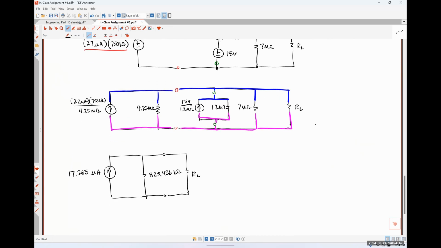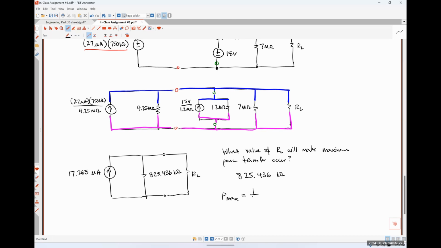So if we look at the circuit here, what value of RL will make maximum power transfer occur? 825.436 kilo ohms. Exactly right, 825.436 kilo ohms.